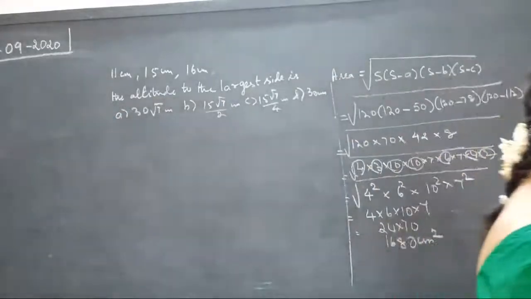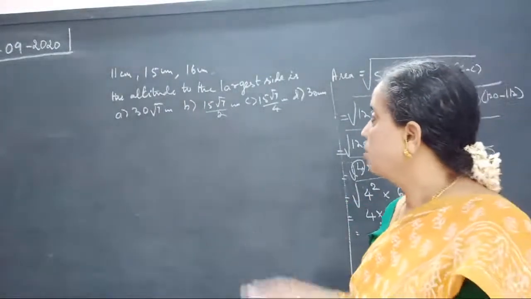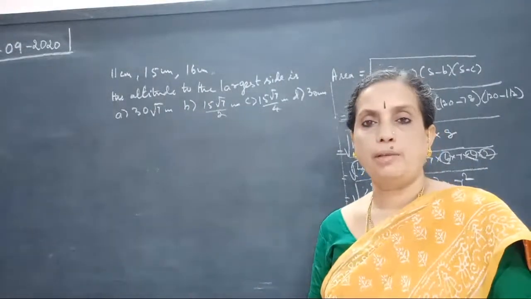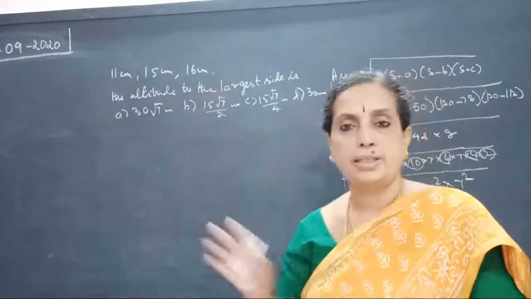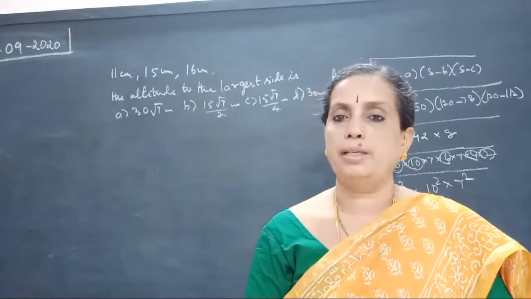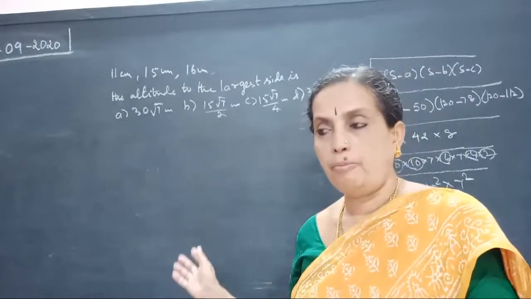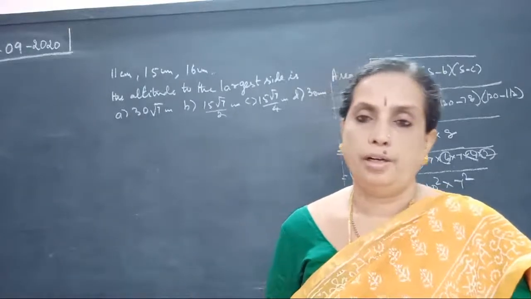Same question, but instead of giving only the length of the smallest altitude, they have given the altitude drawn to the largest side. That is nothing but the smallest altitude. Is that clear? Same as what you did in the previous, but the method of asking is different here.